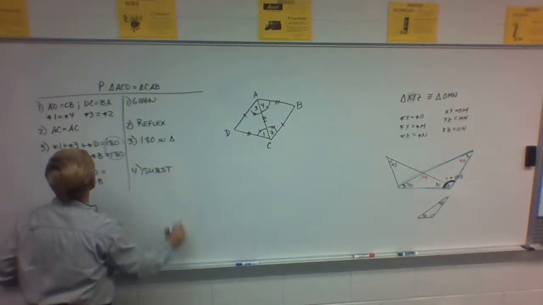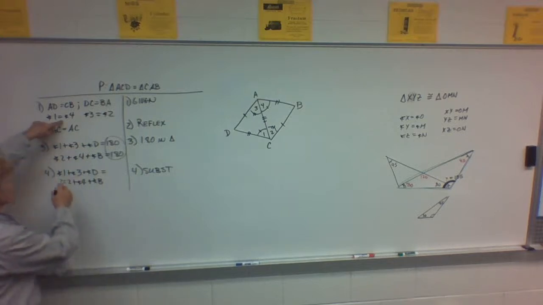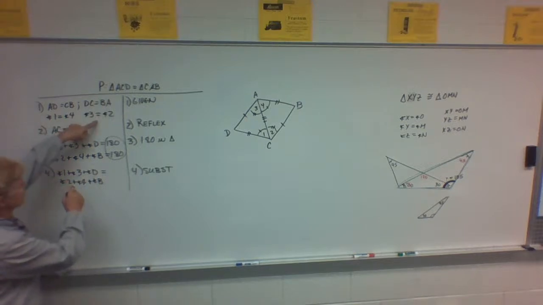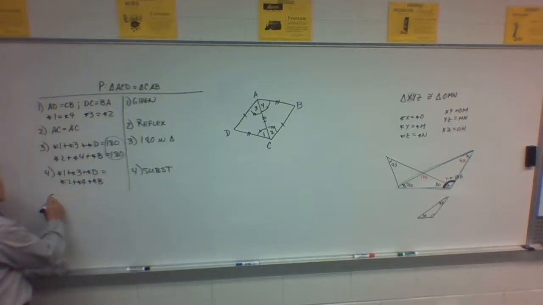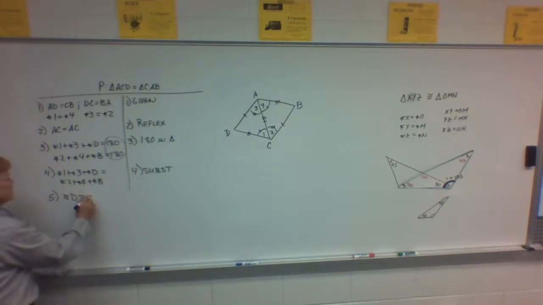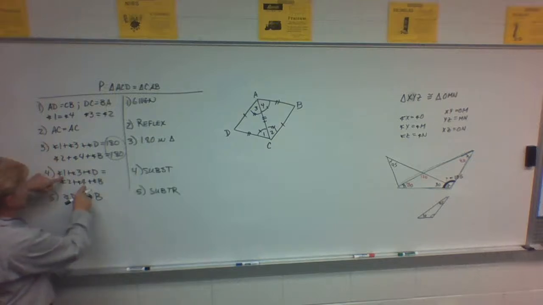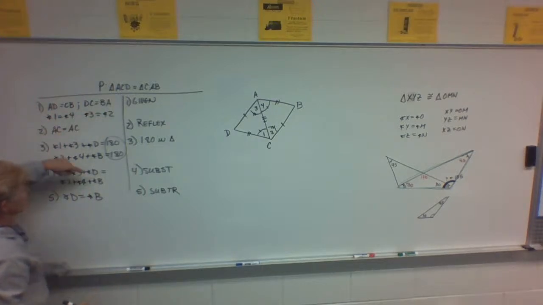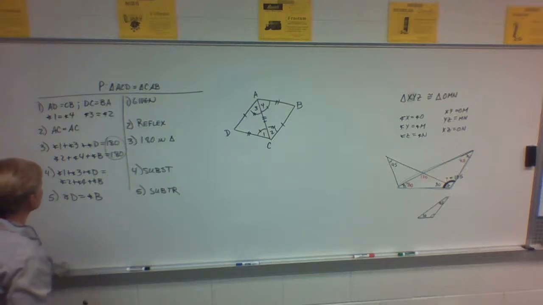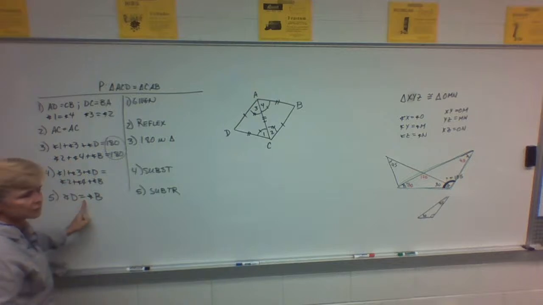But look what I've got up here. 1 and 4 are equal, so I can knock them off. 3 and 2 are equal, so I can knock them off. In one fell move, I can say angle D equals angle B by subtraction. I subtracted 1 off of the left, 4 off of the right, 3 off of the left, 2 off the right, because it says up here they're equal, leaving me with D equals B. So now I have 1, 2, 3, 4, 5, 6 pieces that are all equal.